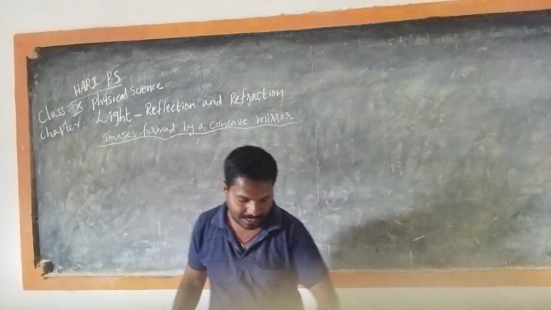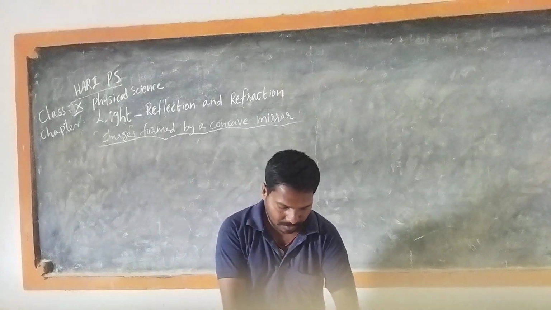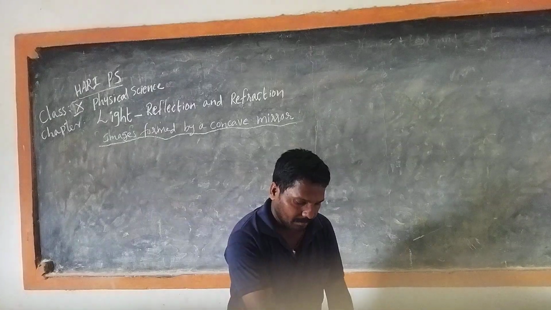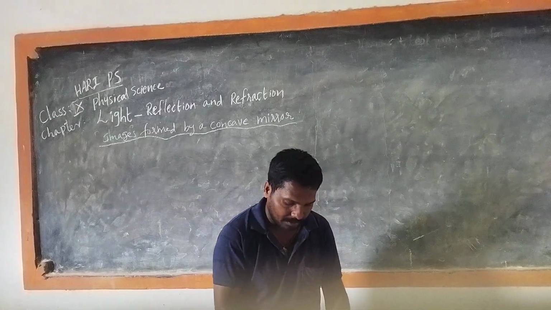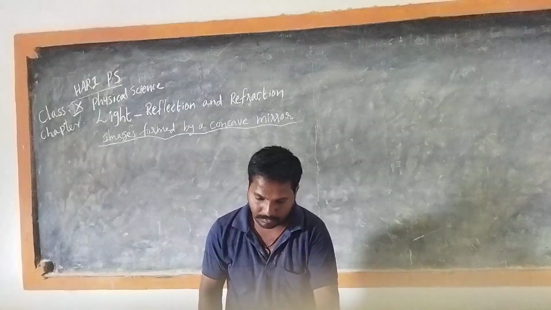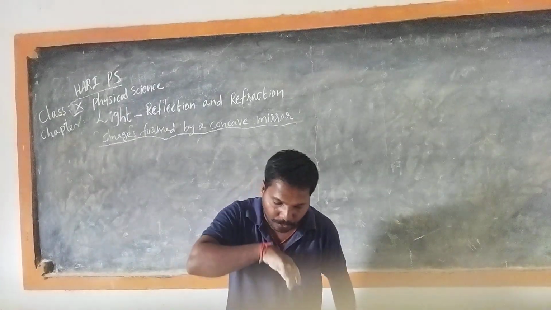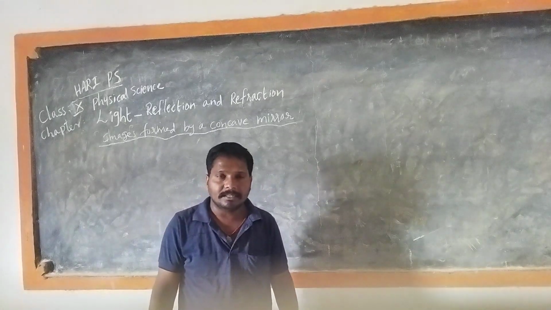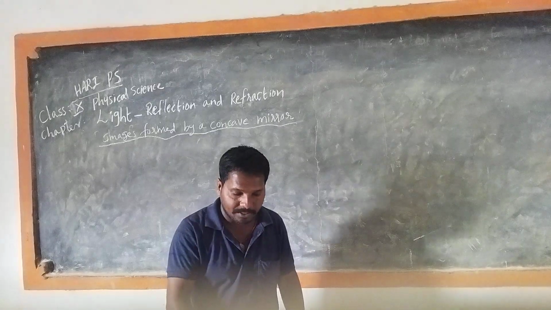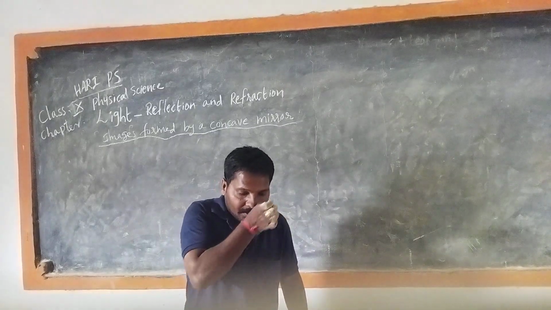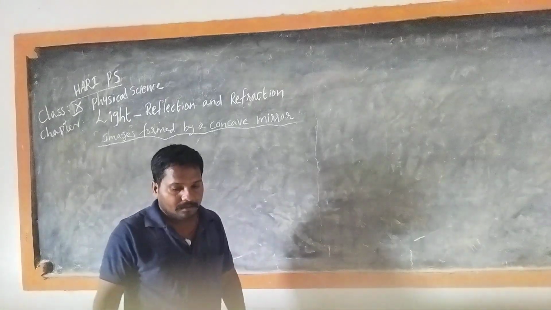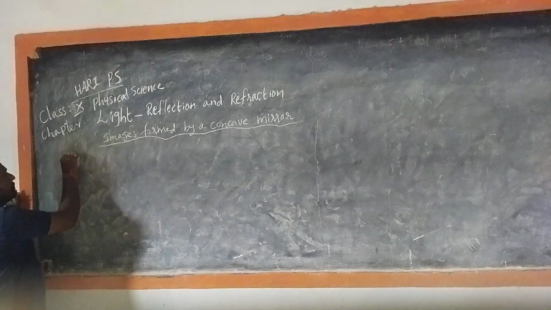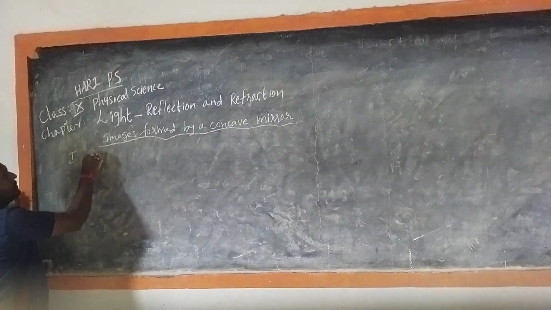Let us understand formation of images by a concave mirror. Here there are 6 positions of the object. The first one is if the object is placed between the pole and the focus.